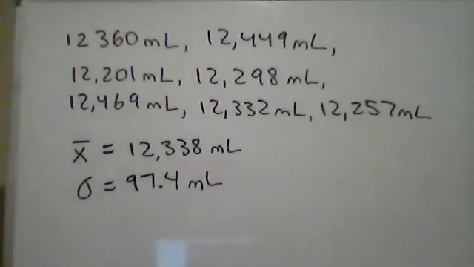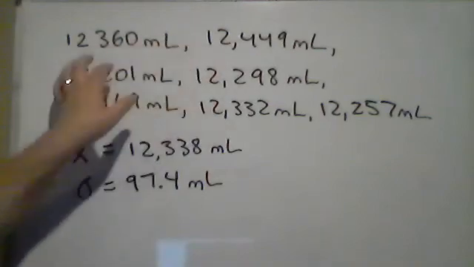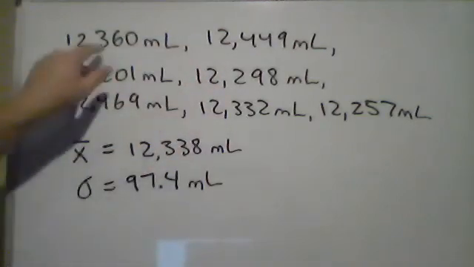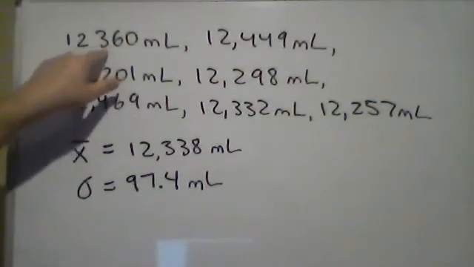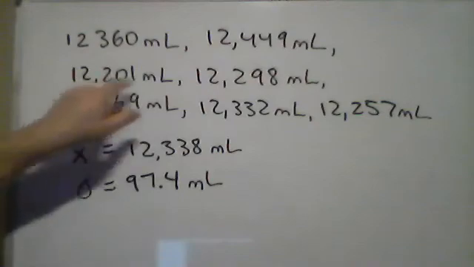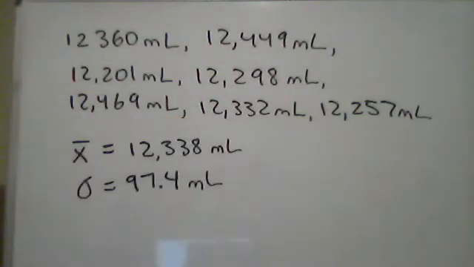The standard deviation is a value that's greater than 1. It's almost 100. When we look at all these values, you see 12,000 in all of them. But the next number, in the hundreds place, shows variation: 3, 4, 2, 2, 4, 3, 2.